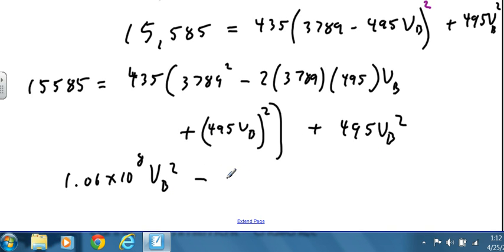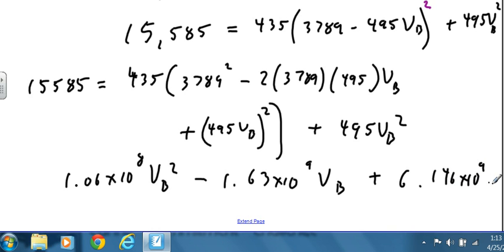Okay, minus 435 times 2 times 3789 times 495, 1.63 times 10 to the 9th VB plus 3789 squared times 435, and subtract from that number 15585, 6.146 times 10 to the 9th is equal to 0.